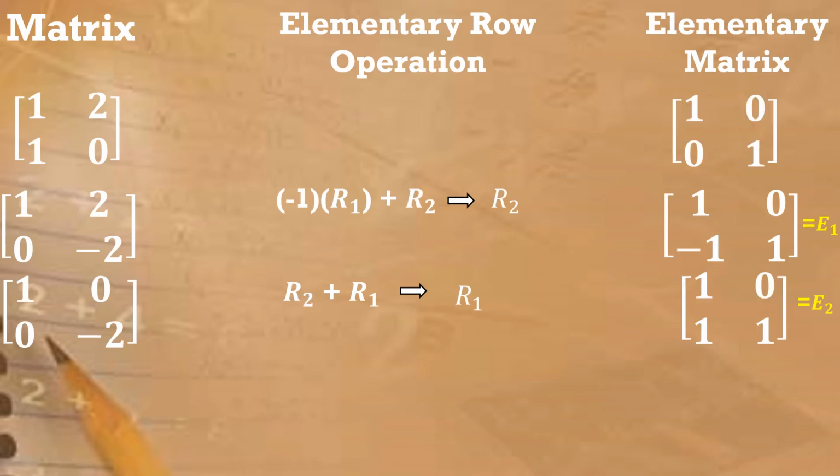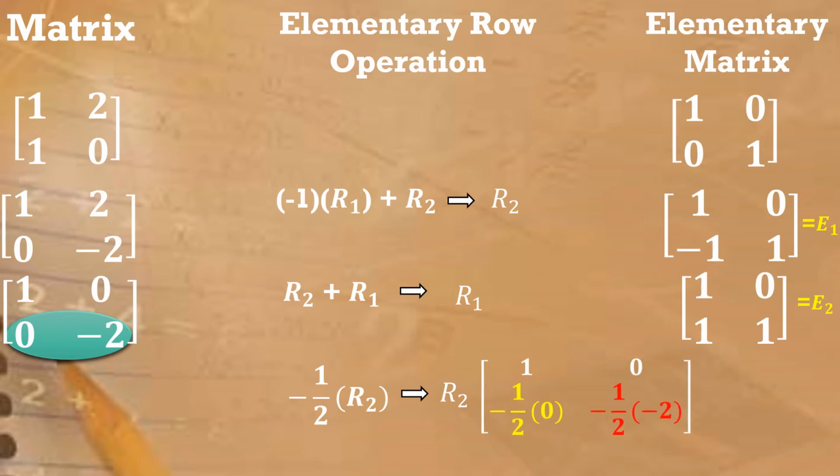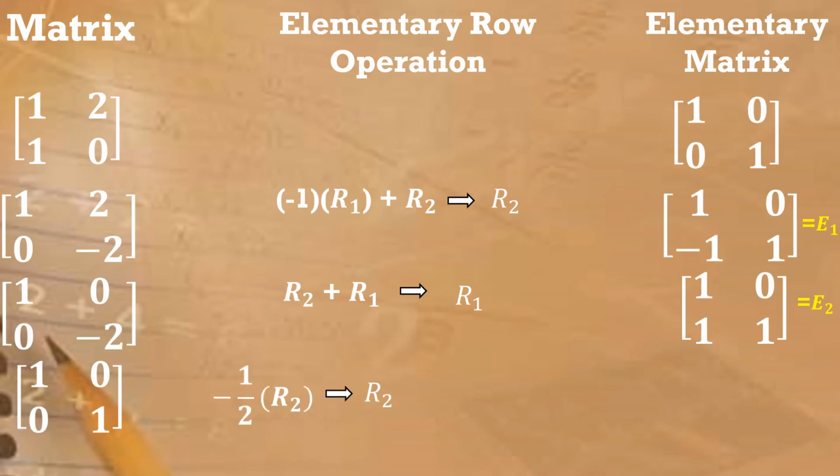Lastly, multiply negative 1 half by row 2 to form the new row 2. So this is our row 2: negative 1 half multiplied by 0, and negative 1 half multiplied by negative 2, equals 0, 1, with our newly formed row 2, giving the identity matrix. Next, we will find the third elementary matrix by performing the same elementary row operation.